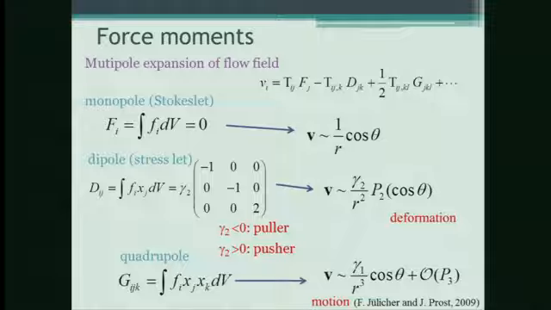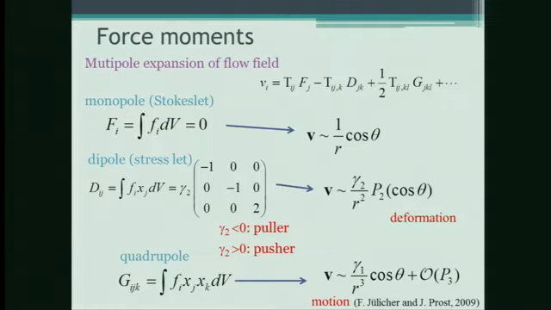And this is associated with the deformation of the droplet. And the next order is quadrupole, which is expressed like this. And the interesting thing is that the quadrupole contribution leads to, of course, gamma 3, the third mode contribution, but also the contribution like 1 over r cubed times gamma 1. And this is related to the velocity of the droplet.